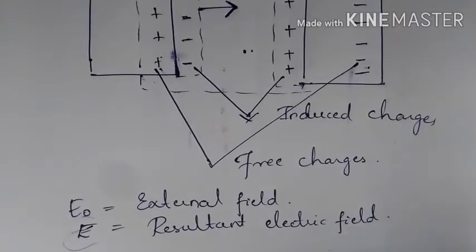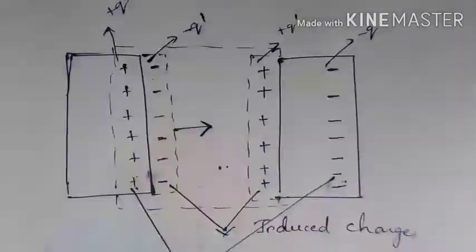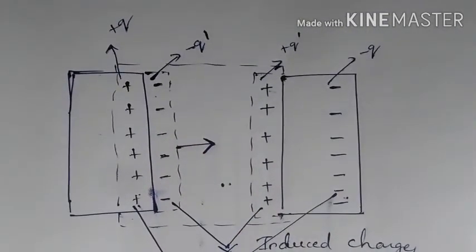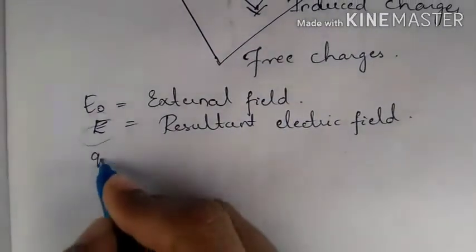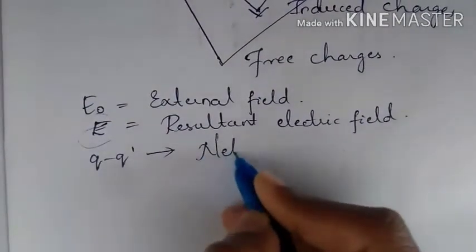So the net charge within the Gaussian surface will be what? Q minus Q prime. So within the Gaussian surface, what you have is Q minus Q prime, the net charge.